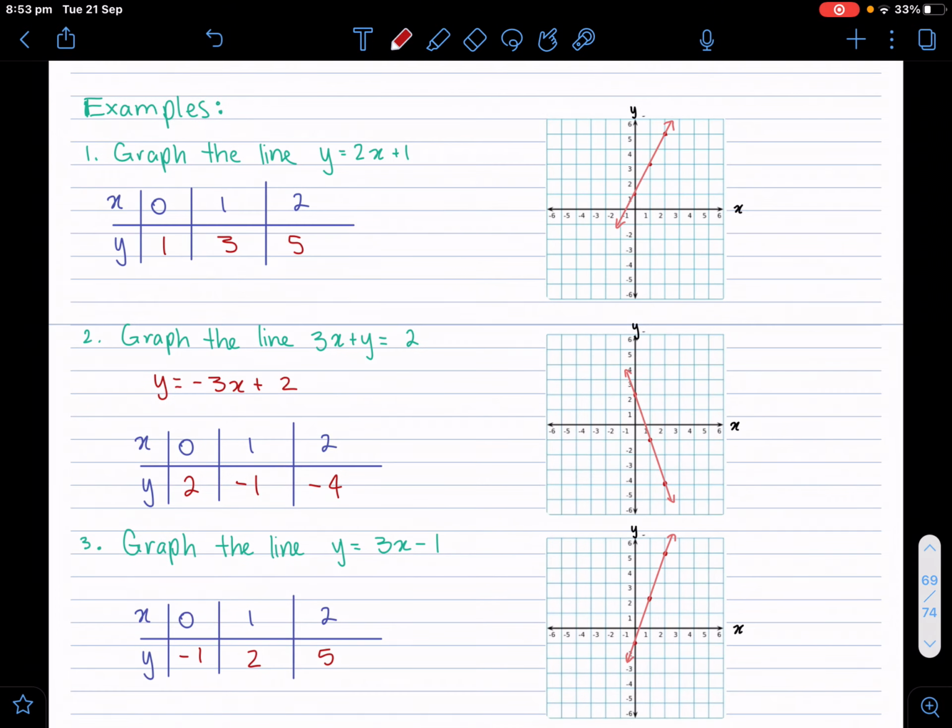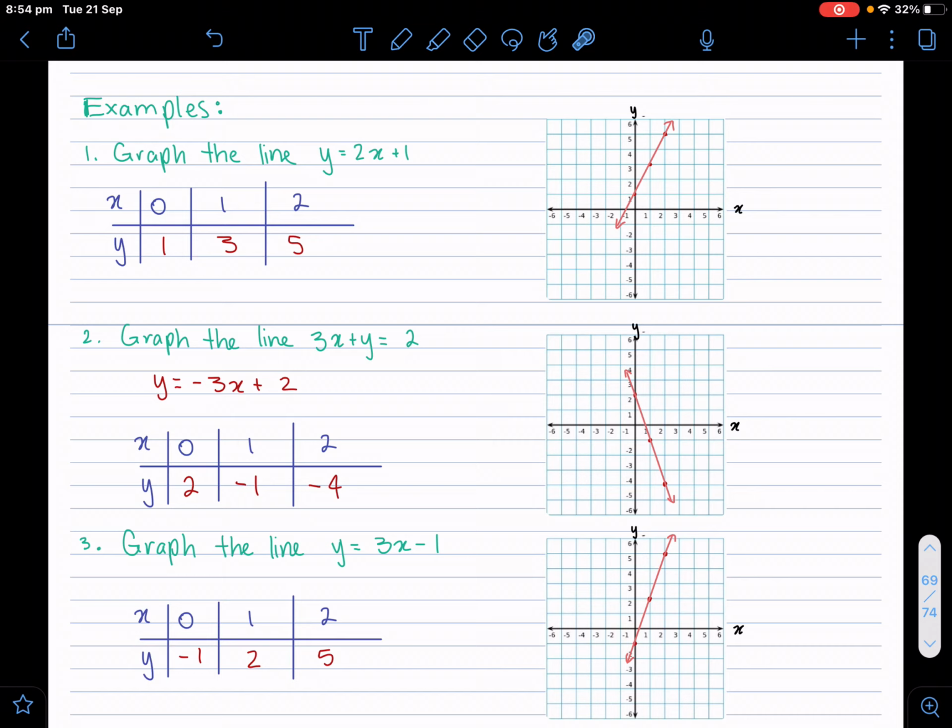So, example 1 says, graph the line y equals 2x plus 1. So, as you know from completing a table of values, this is already in the form of y equals mx plus b. So now I can substitute my x values in and find my corresponding y values.